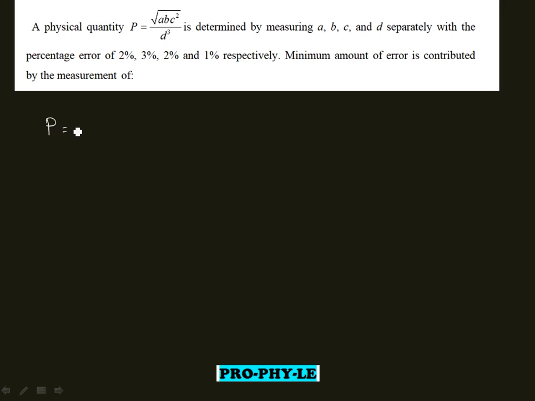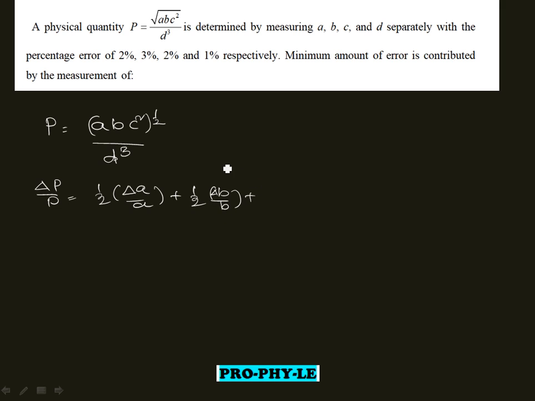The same equation I can write like this: a b c square whole power of 1 by 2 by d cube. So delta p by p will be half into delta a by a plus half into delta b by b plus half into 2 into delta c by c and 3 into delta d by d.